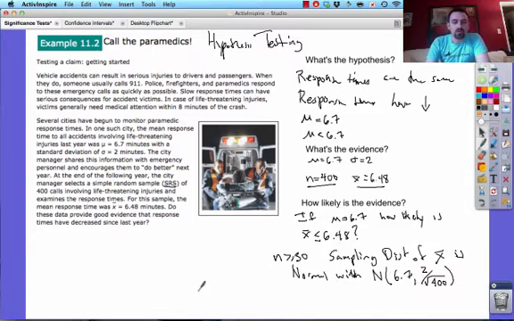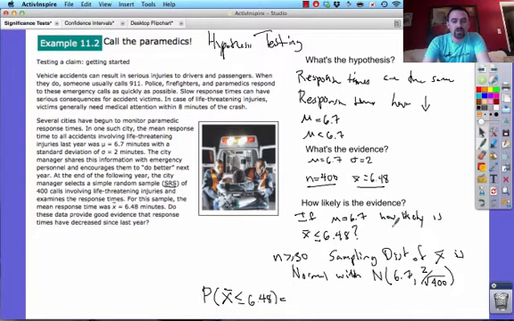Okay. So what we'd like to know is what are the chances that x bar would come in at 6.48 or less if indeed the mean were actually 6.7 and the standard deviation were actually 2. Well, we can go ahead and compute that.